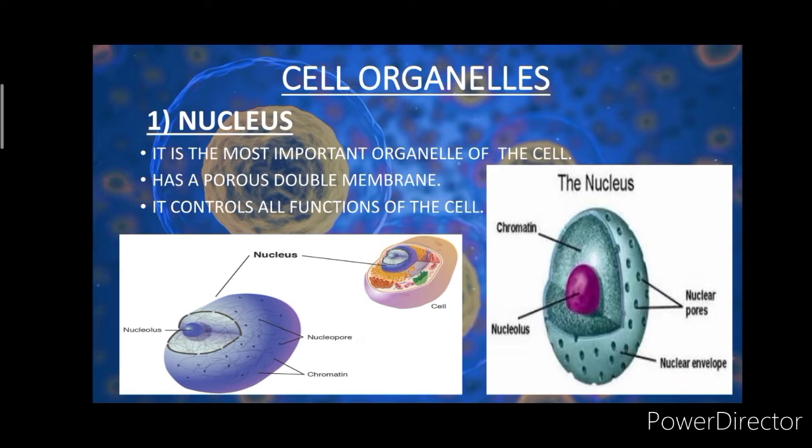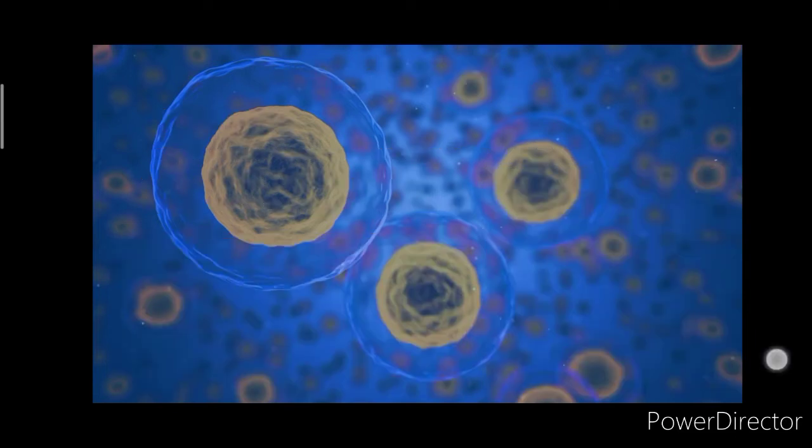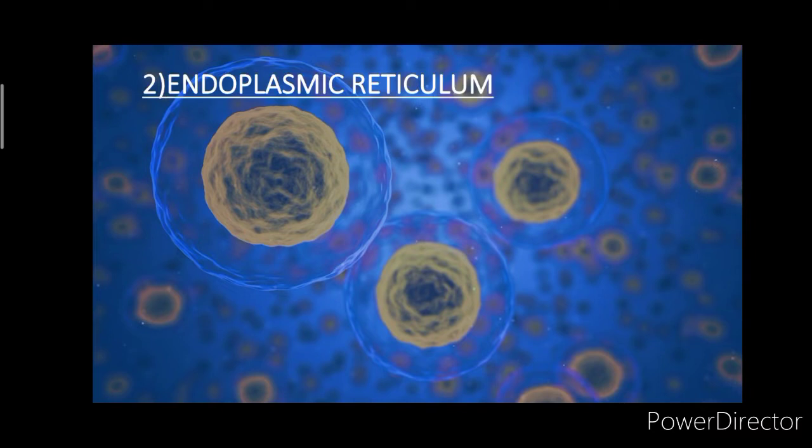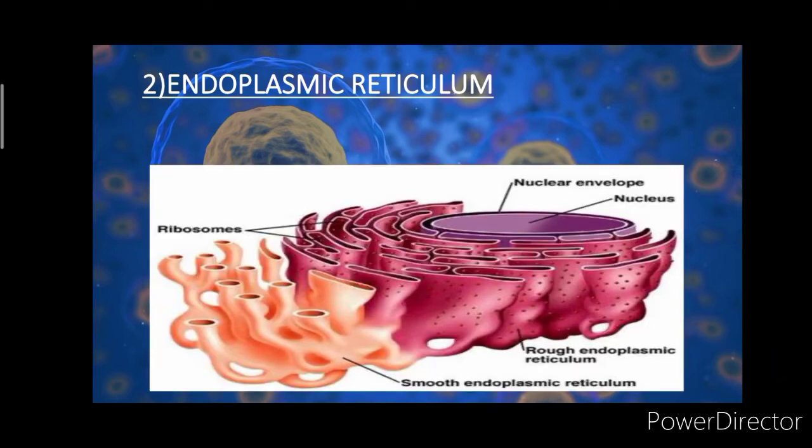Now let us discuss the next cell organelle. The second cell organelle is an endoplasmic reticulum. Now the endoplasmic reticulum looks something like this. It is a net-like organelle. As you can see, there are a lot of nets which are connected one next to the other.